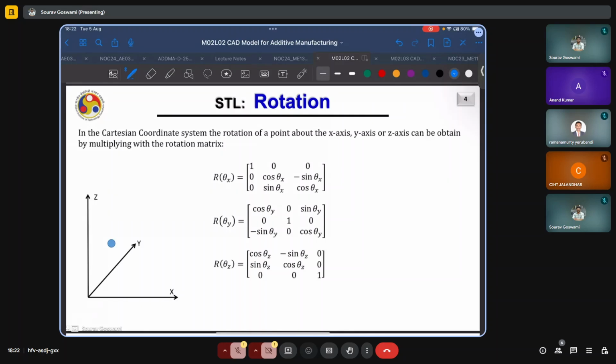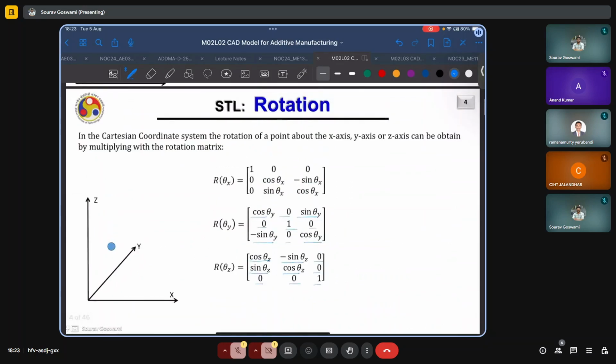R theta x, as we discussed, is simply 1, 0, 0, 0, cos theta x, sin theta x, and 0, minus sin theta x, cos theta x, reading column wise. R theta y is cos theta y, 0, sin theta y, 0, 1, 0, minus sin theta y, 0, cos theta y, and R theta z is cos theta z, minus sin theta z, 0, sin theta z, cos theta z, 0 and 0, 0, 1.